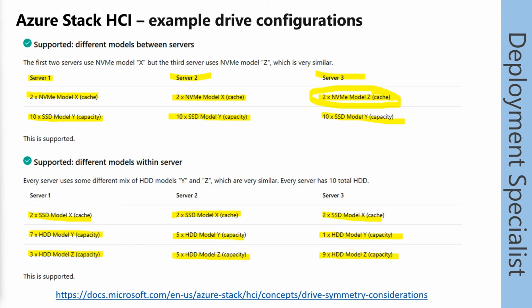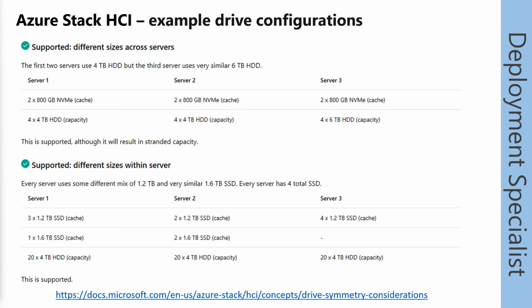Might happen if you replace drives, might especially happen if your OEM provides replacement drives from the same category regarding performance, size, and throughput, but not from the same hard disk vendor. This might happen. It's also supported to, for example, have here NVMe cache drives.